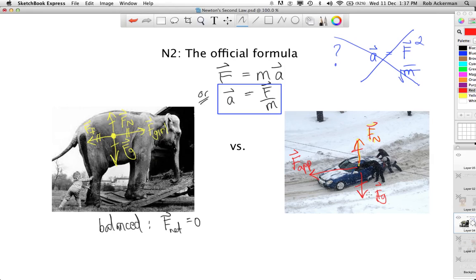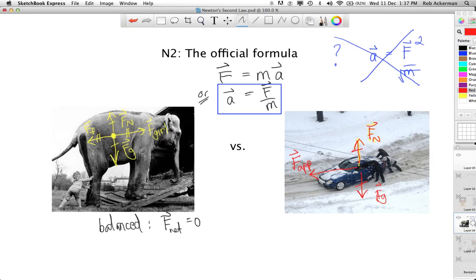And if you've ever been in this situation before, you know that unlike the girl here, you can have some success. It helps if there's someone in the car who is pressing on the accelerator and trying to help you, but even without someone turning on the car, if the ice were sufficiently slippery, you could actually push a car even if its wheels are locked.